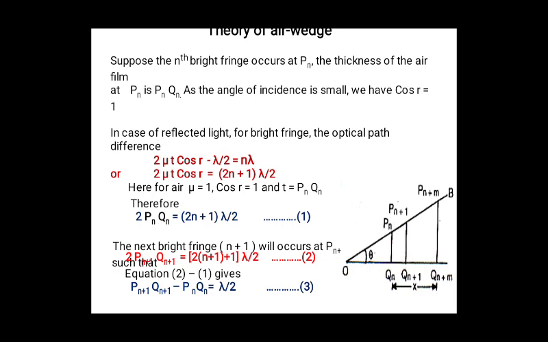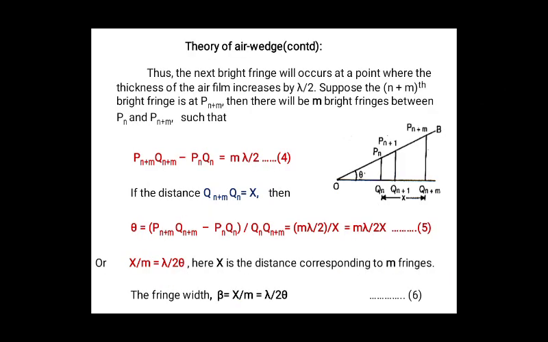Then subtracting equation 1 from equation 2, we get Pn+1 Qn+1 minus PnQn is equal to lambda by 2. This is equation number 3. Equation 3 tells us that the next bright fringe will occur at a point where the thickness of the air film increases by lambda by 2.